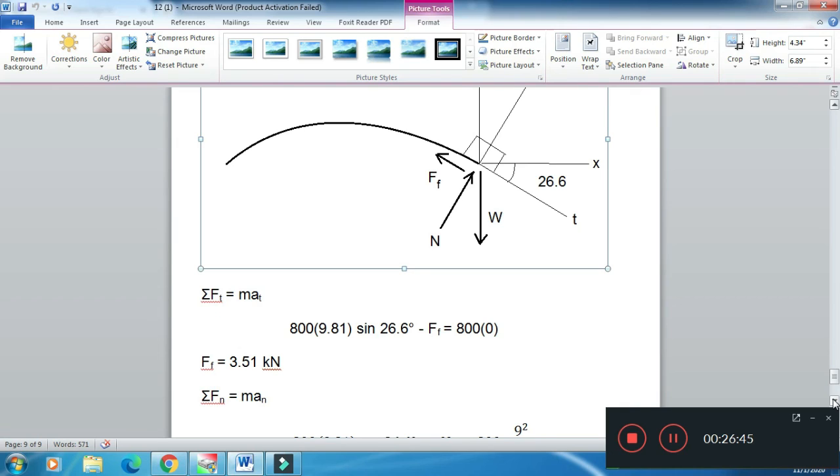So weight of car is mass, which is 800 kg, g is 9.81, and the component of weight in tangential direction will be obtained by multiplying with sine 26.6. So by solving, we get friction force equal to 3.51 kilonewton.